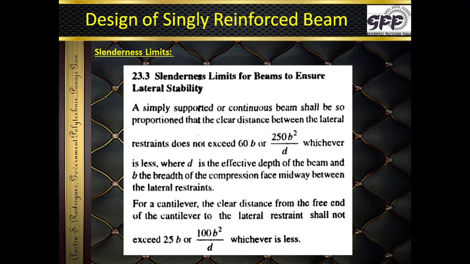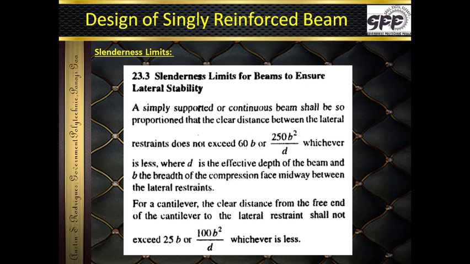So b, we can for all practical purposes assume is the width of the beam and small d the effective depth. So if it is a simply supported beam or a continuous beam, the span from one restraint to another should not be greater than 60 times the width or 250 b square upon d, whichever is less. Now let us look at the condition for a cantilever.